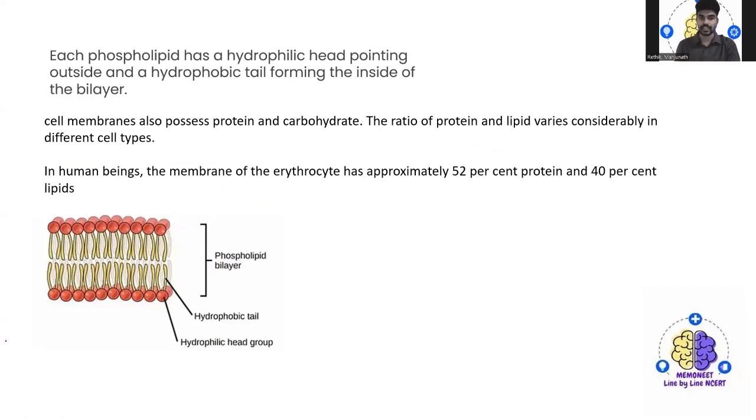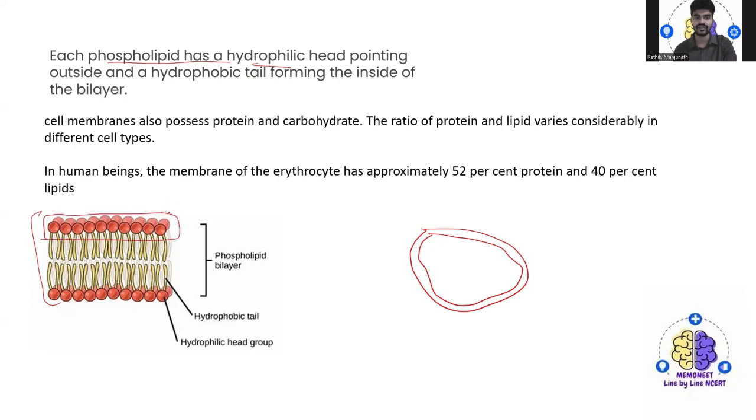Say if this is a cell, obviously you will see this kind of membrane. Not only on the cell surface, but also on the organelles, such as the nuclear envelope, everything. Each phospholipid has a hydrophilic head. If this is the phospholipid, it is going to have this hydrophilic head region, and another part will be the hydrophobic tail.